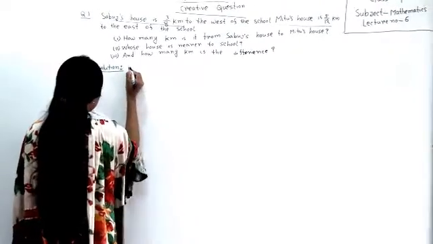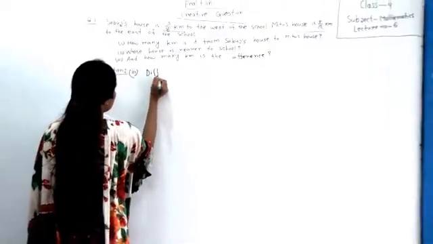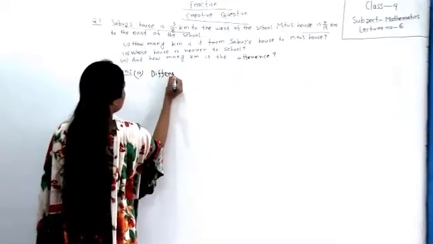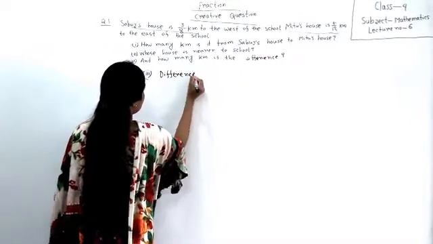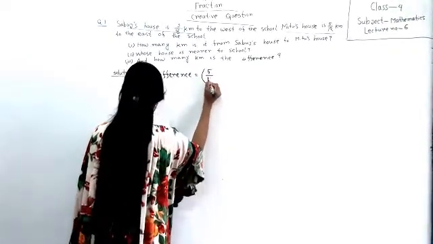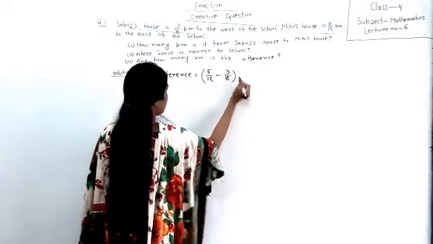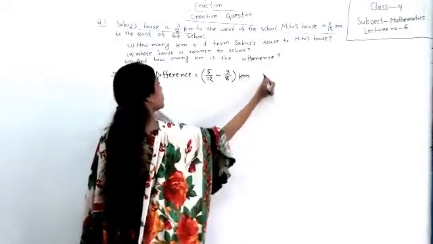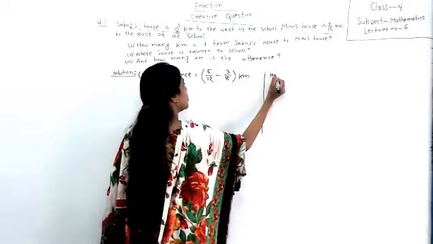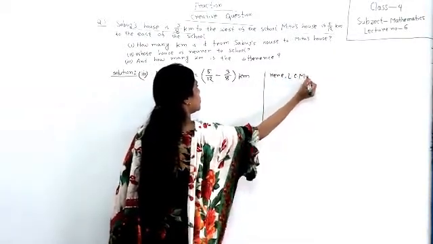So the difference is 5 divided by 12 minus 3 divided by 8 kilometer. Here LCM is 24.